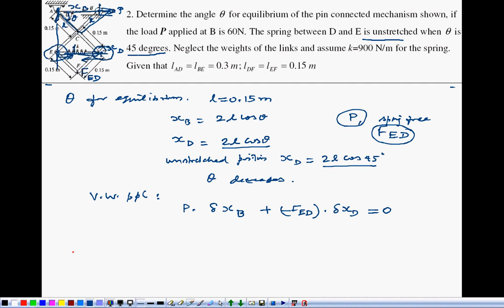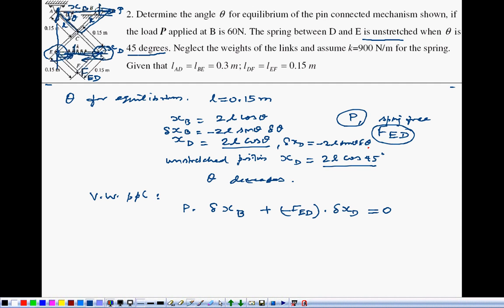Now it's just a matter of substitution. You can see that XB is equal to this, so I can write delta XB is equal to minus 2L sin theta delta theta. Similarly for XT, delta XT will be minus 2L sin theta delta theta.